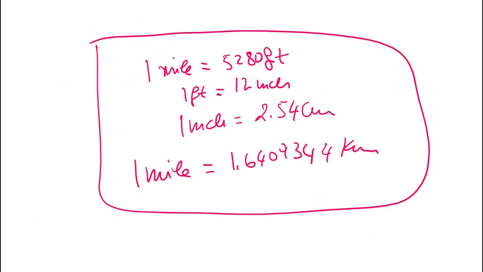We said in 1 mile, 5,280 feet; in 1 foot, 12 inches; in 1 inch, 2.54 centimeter. This you need to remember. Also remember 1 mile is 1.64 kilometers. And another thing you need to remember is the sentence they give you: King Henry doesn't mind drinking chocolate milk.